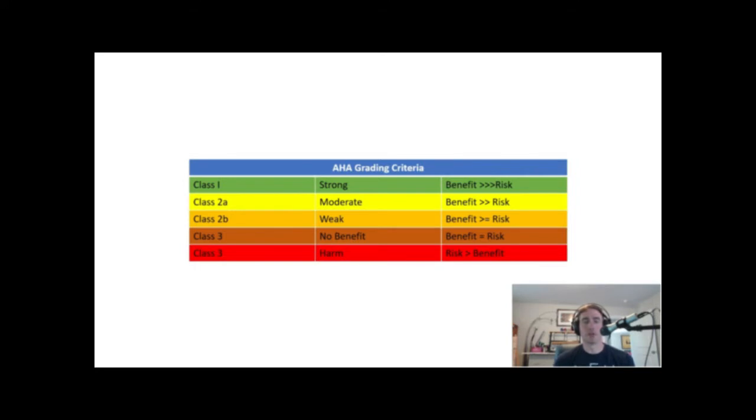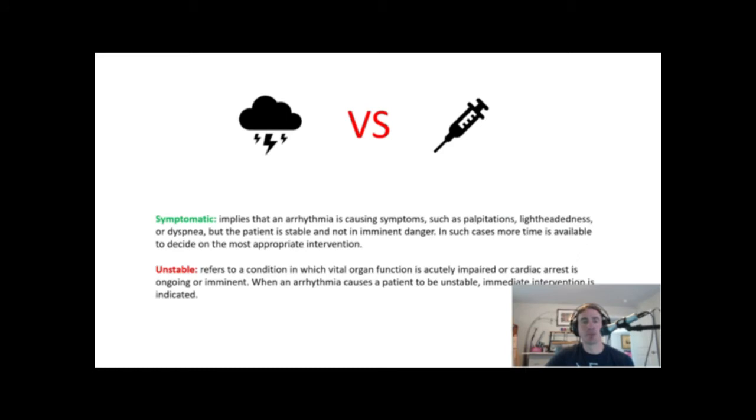Now, essentially, if there are class 3 recommendations, where the benefit is the same as the risk or the risk is greater than the benefit, we're just not going to do it. If there's equal risk and benefit, we generally won't do that unless the patient's going to die if we do nothing and we want to try it.